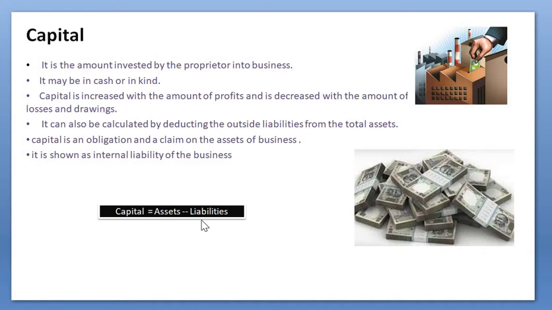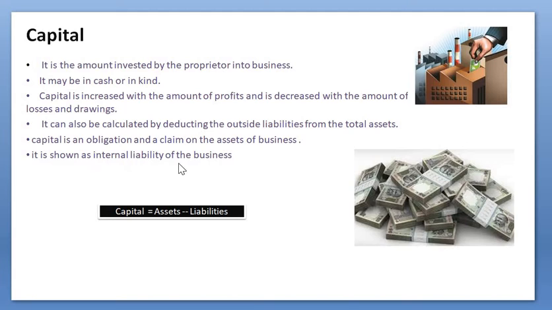The outsiders' finance is known as outsiders' liabilities and owner's finance is known as capital. So we can say assets are equal to capital plus liability, or capital is equal to assets minus liability. If you have to calculate the amount of capital, then we can deduct the liabilities from the assets and there will be the amount of capital.